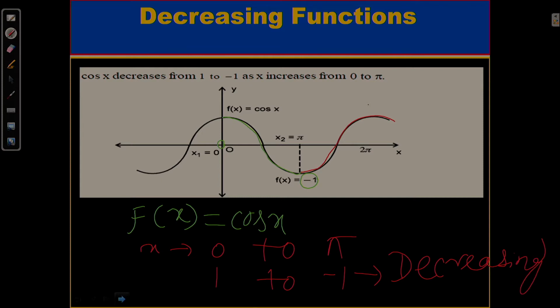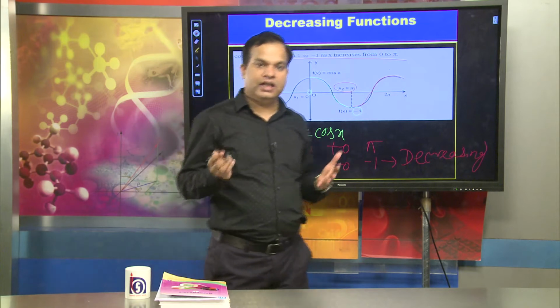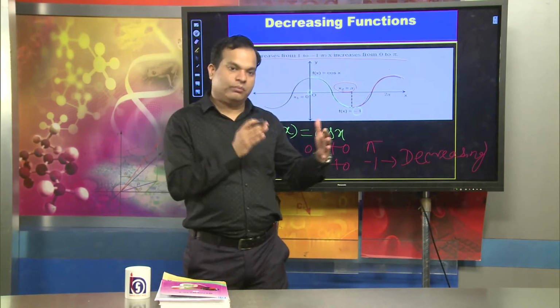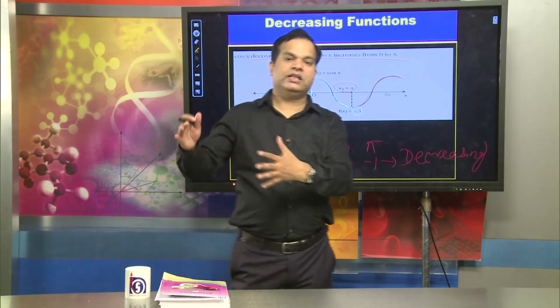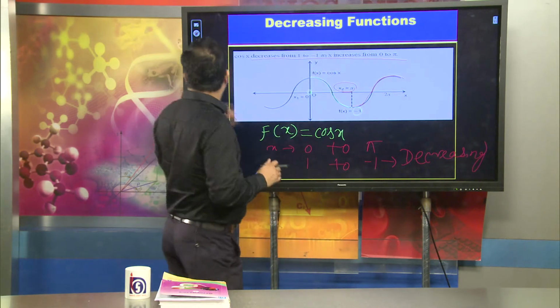We can safely conclude that cos x decreases from 1 to minus 1 as x increases from 0 to pi. This way the function is increasing and decreasing, and we will discuss in detail from which point to which point the function is increasing and when it will be decreasing.